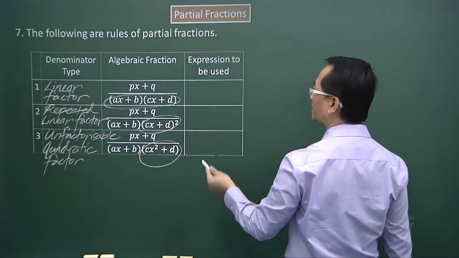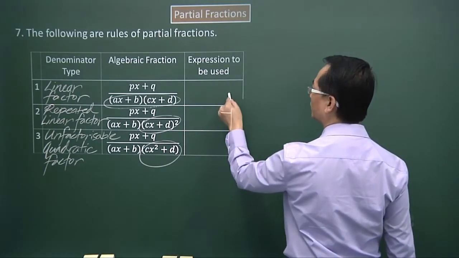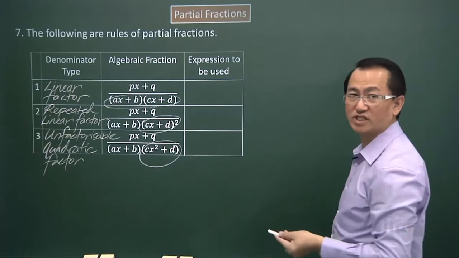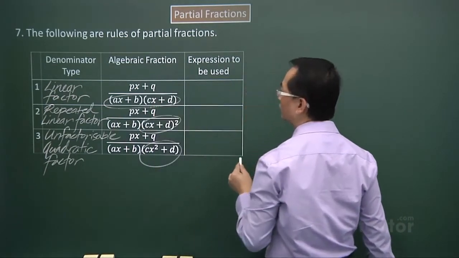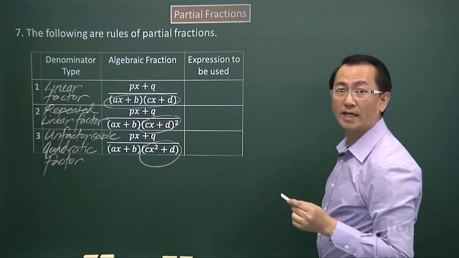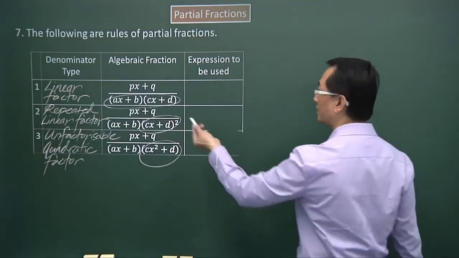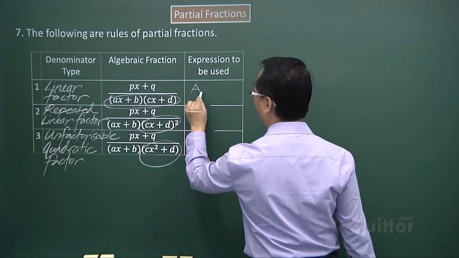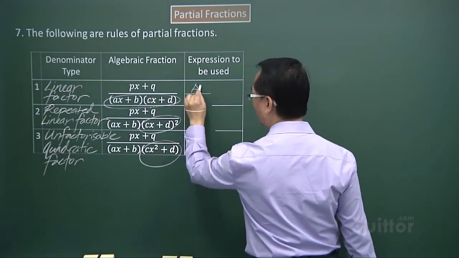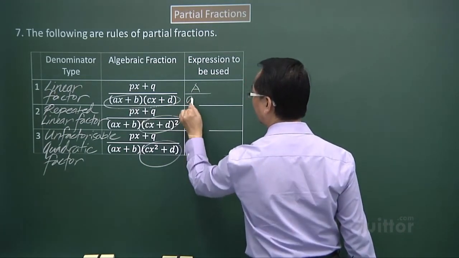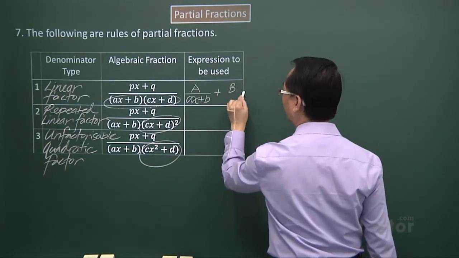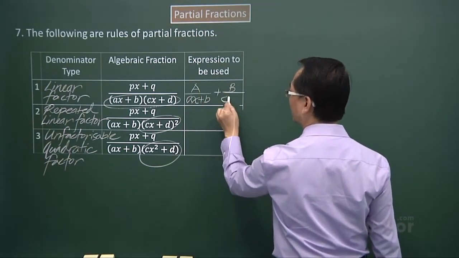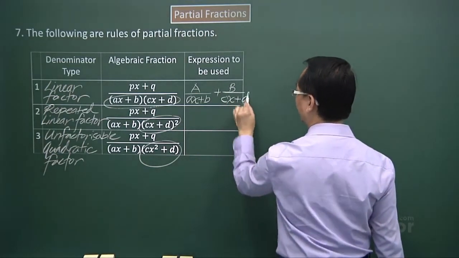So the expression that I need to use in order to split up this fraction into more than one partial fractions, I would use a constant over the linear factor and another constant over the next linear factor.